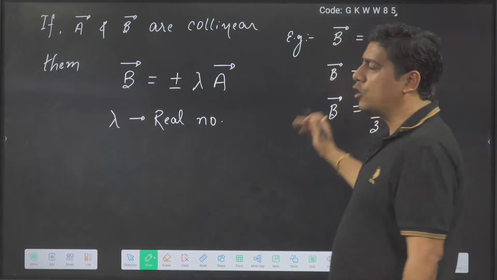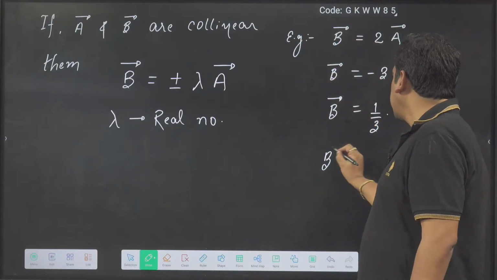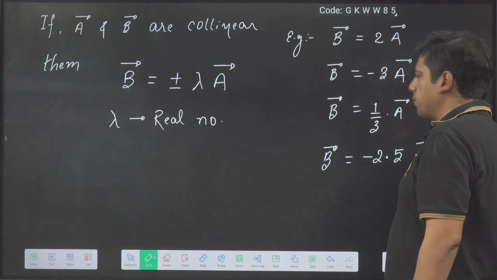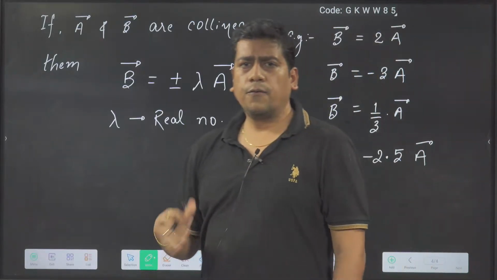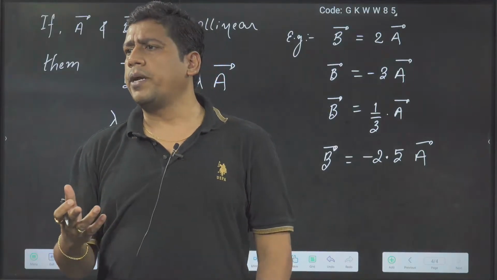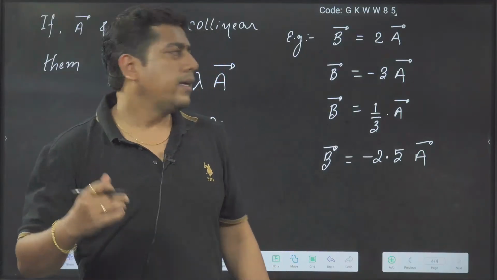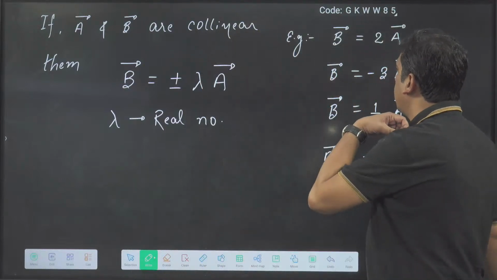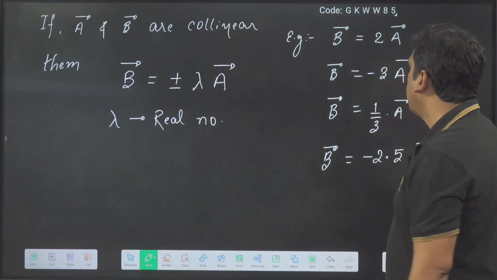It can be a fraction also. B vector is minus 2.5 times A vector. Any real number, fraction also, not necessarily an integer. All are examples of collinear vectors.